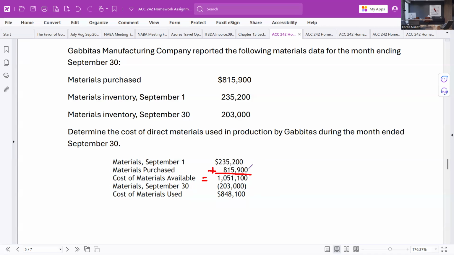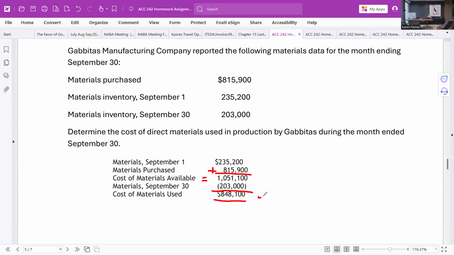They purchased $815,900 worth of materials. That means during the period, they had materials available that cost $1,051,100. And they get to the end of the period, they take a physical inventory, and what they've determined is there's only 203,000 left. So they had $1,051,100 available, but there's only 203,000 left. Where are the rest? Well, they were used.